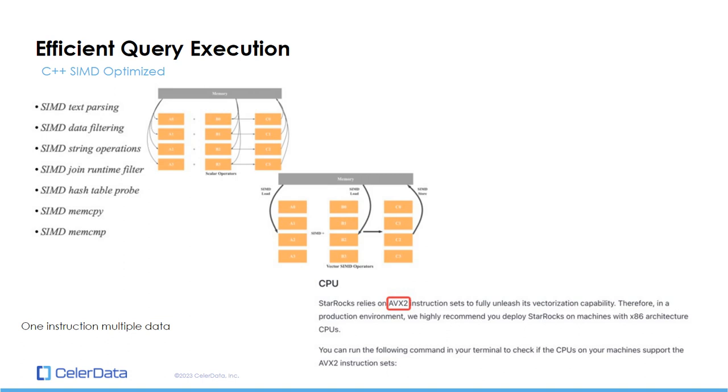So the figure above here, I'm not sure if you guys can see my mouse, is a scalar operation, right? You have two vectors, you perform addition, and you return another vector, right?